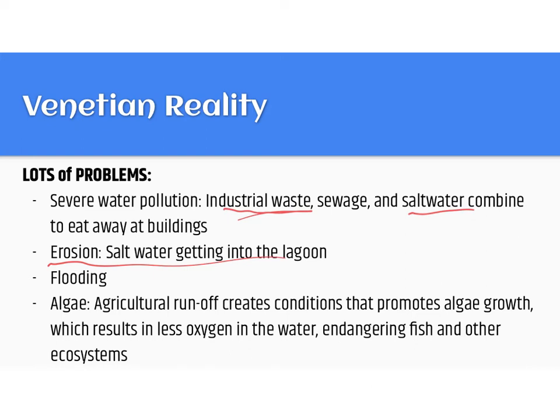The more water moves through the buildings or moves against the buildings, the more it erodes away. Now, it isn't a fast process, but over time, sometimes tens, sometimes hundreds of years, you're going to start seeing really, really bad problems. And when you're talking about Venice, which is an almost 1,000-year-old city, it becomes a huge component and a huge consideration. Flooding also is an issue. I don't know if you guys noticed.